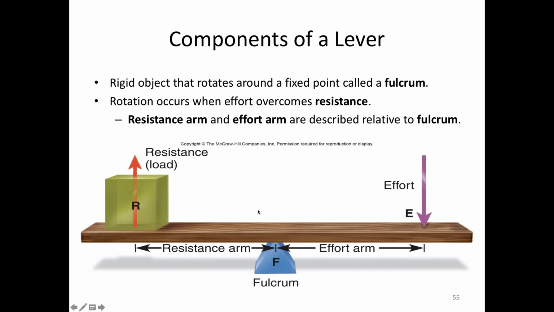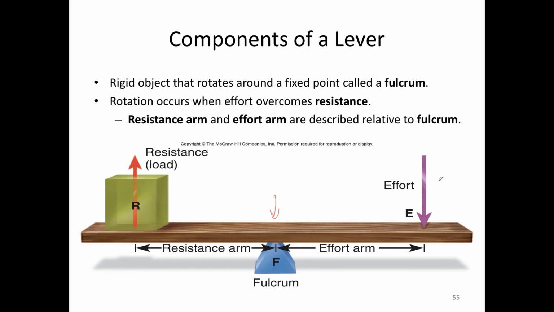If you boil down a lever to a teeter-totter, or a seesaw, whichever you prefer, that's a style choice, what you get is something that looks like this, where there is a fulcrum that is fixed, it does not move. And then if effort equals resistance, you get a flat line, so no movement. If effort overcomes resistance, you get movement.